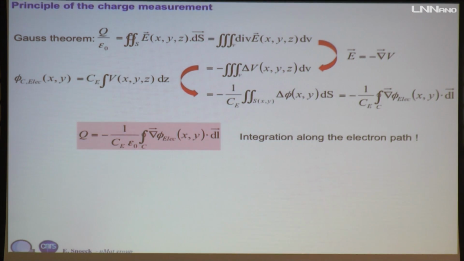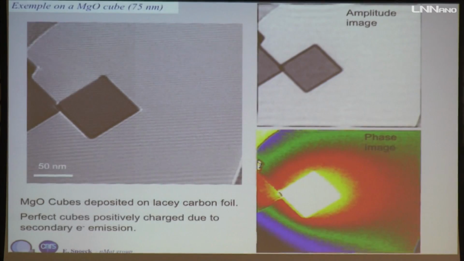The way to do that is to make a contour on the phase image around a given region, and then you extract the number of charges pinned there. I will show you right now.